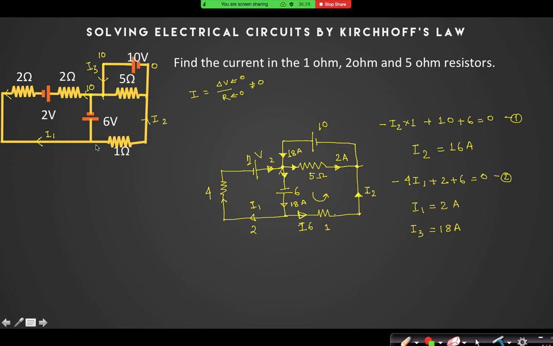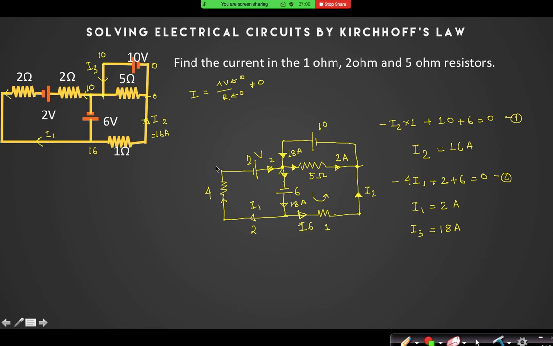And then what is the potential of this point? 16, plus 6, because I am adding potential. And if this is 0, then that potential is also 0. Now you can see the potential drop across this 1 ohm resistor is 16 volt, so the current in that 1 ohm resistor will be 16 ampere.